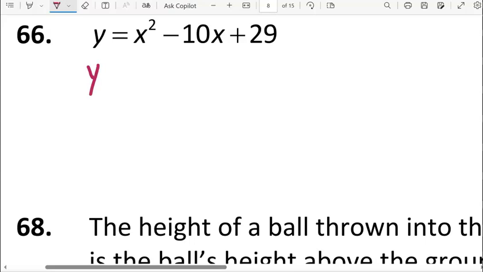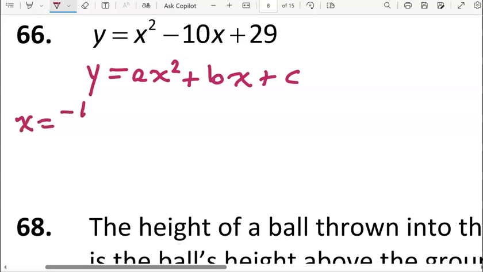In 66, we have an equation that is in standard form: y equals ax squared plus bx plus c. And in this case, the vertex is located at x equals -b divided by 2a.